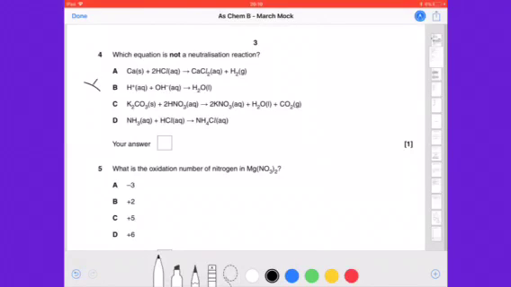B is an acid plus an alkali, C is an acid plus a carbonate, and D is also an acid plus an alkali, but because of the lack of oxygen in a weak alkali like ammonia, then you can't form water at the end. That means that the only suggestible answer for part 4 would be the reaction between calcium and hydrochloric acid.